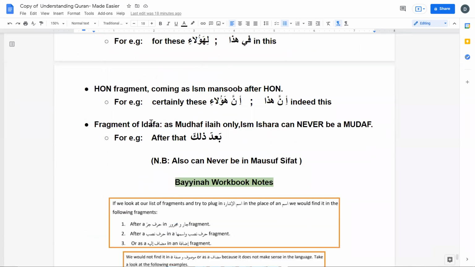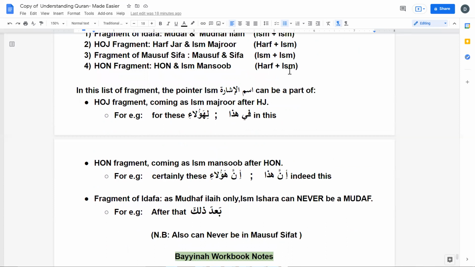And then we can also see pointer ism in harf of nasb fragment. When these come in the harf of nasb fragment, they are in nasb status. They look the same, but they are taking nasb status because they are following the harf of nasb.